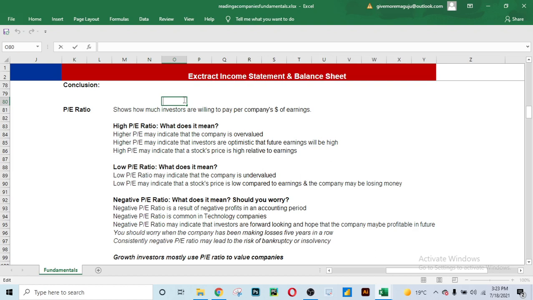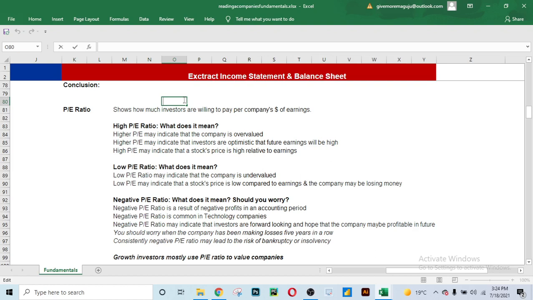So the PE ratio, like I said in the previous sections, shows how much investors are willing to pay per company's dollar of earnings. Sometimes when you compute the ratio, you need to know how to interpret it. So what does a high PE ratio mean?